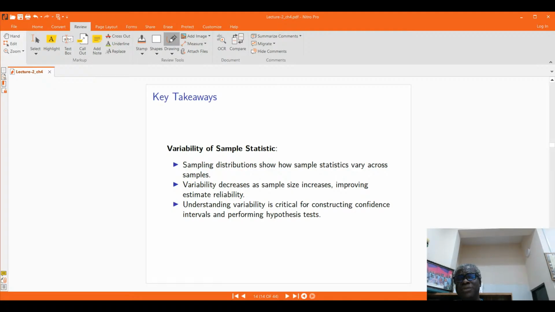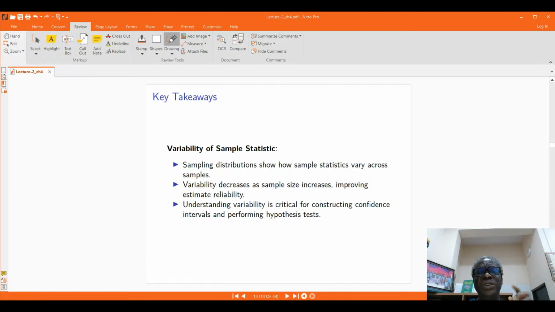So we are doing all of this because we are preparing ground for how we can use this knowledge to construct confidence intervals and perform hypothesis testing.